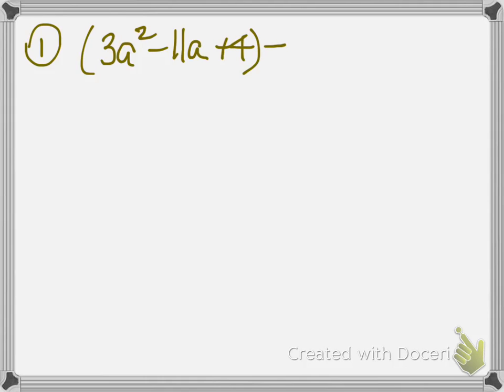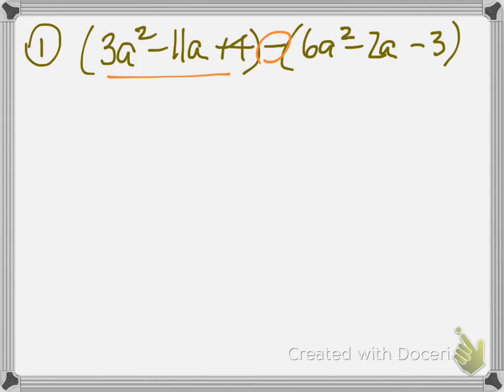So first one, we have some subtraction here. Remember, anytime you have subtraction here in the middle, we keep the first set of parentheses, we change this to addition, and then we change the sign of everything in the second set of parentheses. So change my 6a squared to negative 6a squared, the negative 2a to positive 2a, and the negative 3 to positive 3.